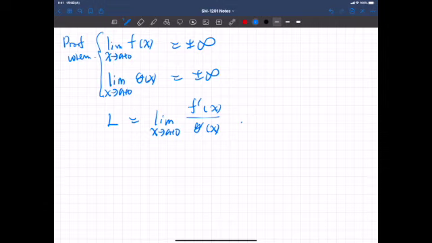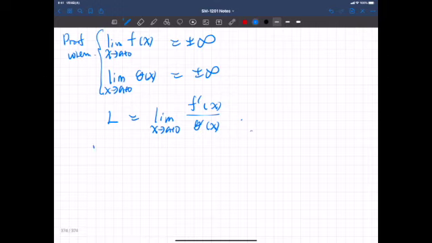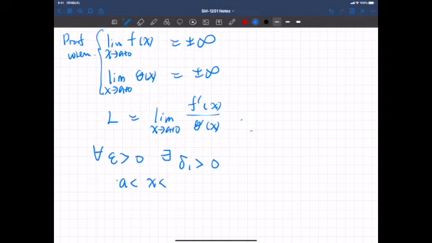In terms of epsilon-delta argument, this means: for any epsilon that is positive and real, there exists some delta, let's call it delta 1, that is positive and real, such that if x is between a and a plus delta 1, then the difference f prime over g prime minus L is less than epsilon.